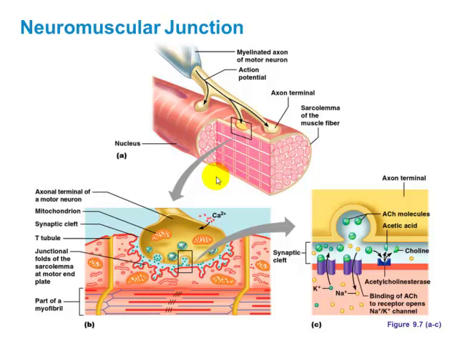Now this is the beginning of excitation-contraction coupling. When this signal gets here, the first thing it does is open a door for calcium ions. It's not really a door; it's a membrane channel, a protein in the membrane. So it opens up a channel for calcium, and that calcium ion comes in.